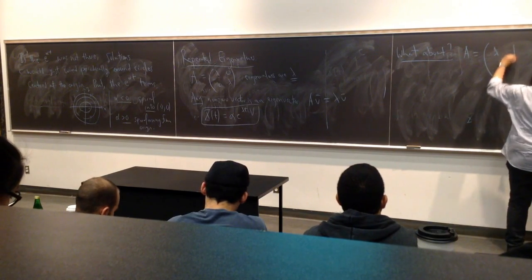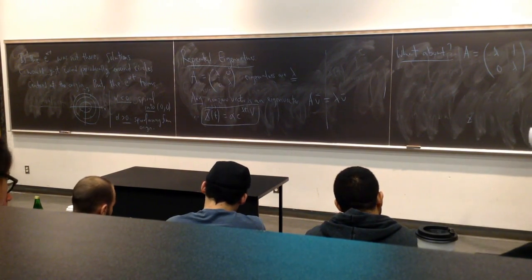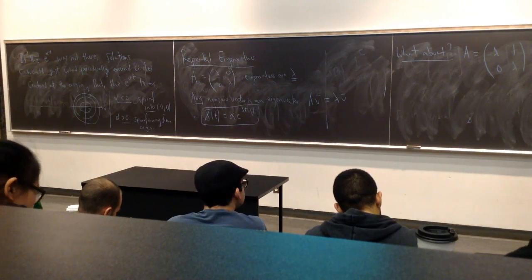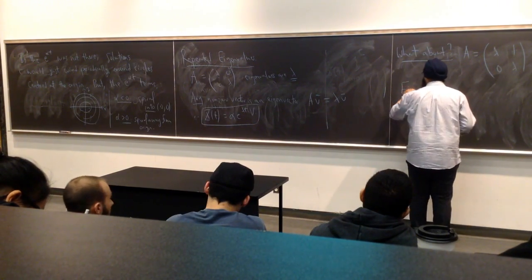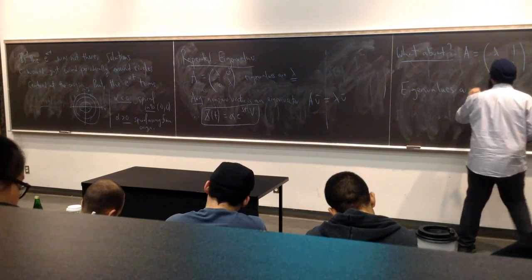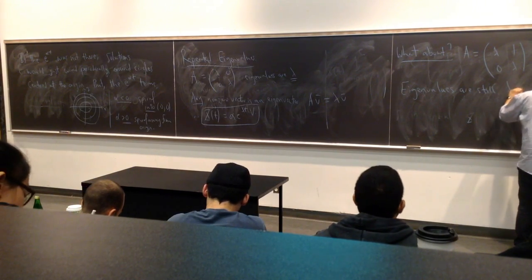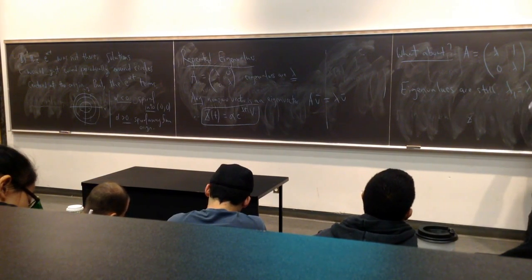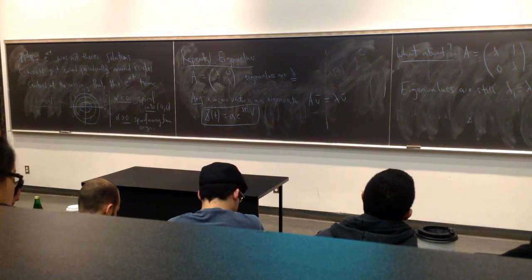So let me give it lambda, 1, 0, lambda. So I put a 1 there instead of the 0. The eigenvalues, as you can confirm, are still the same. Lambda 1 is equal to lambda 2, which is equal to lambda. So the eigenvalues have not changed.